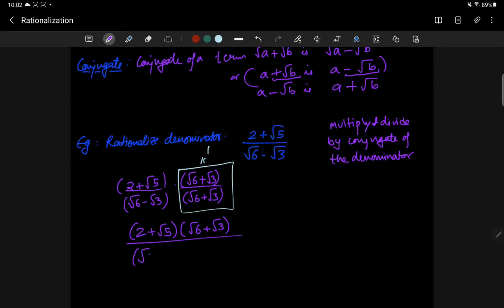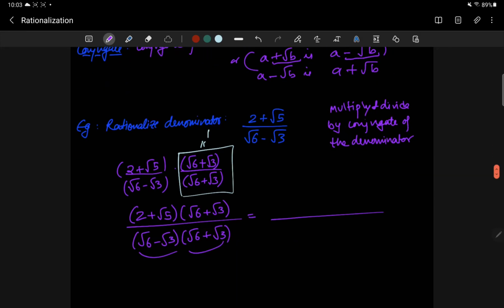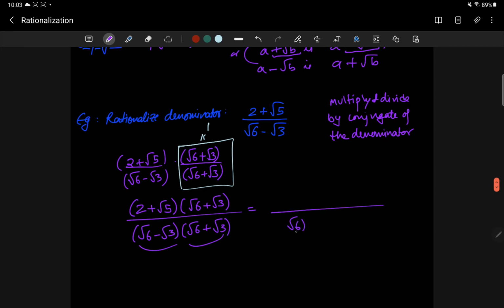And on the denominator, I have root 6 minus root 3 times root 6 plus root 3. Now the whole point of this process was to write this as root 6 squared minus root 3 squared, which is a rational number.